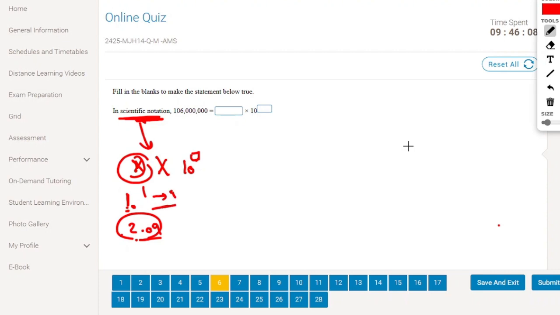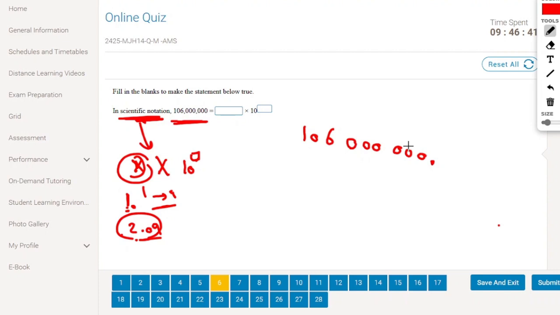So let's see here, I have this number, 106 million. He wants to convert it to a scientific notation. So now we want to put a point. So now let's apply scientific notation for this one. In the right side, there is a decimal point here.